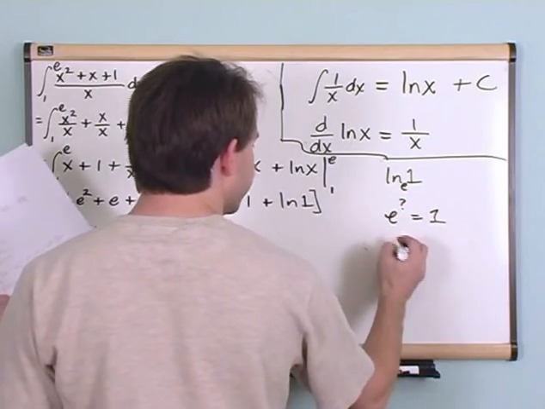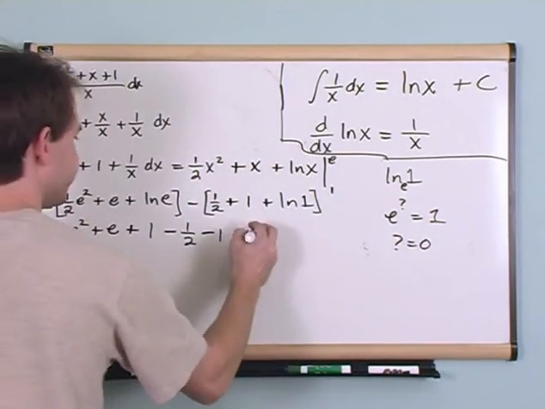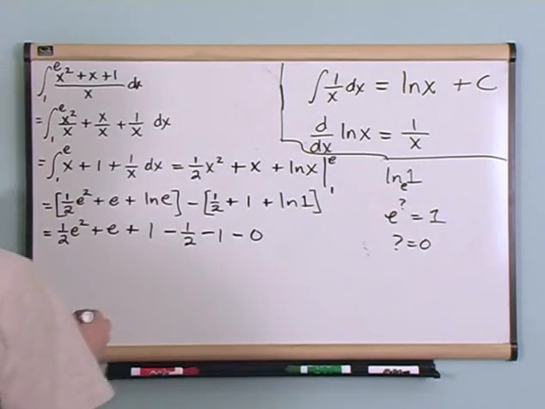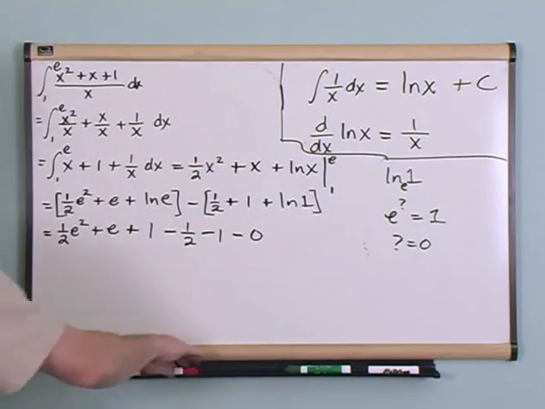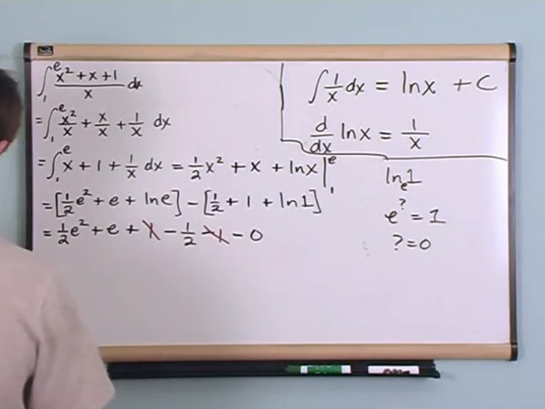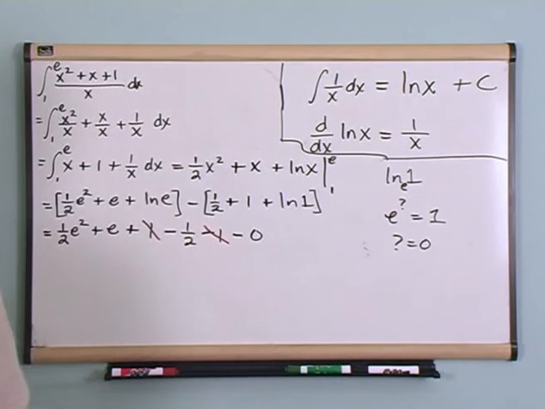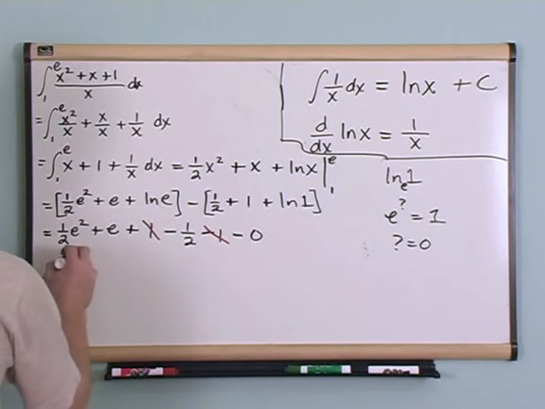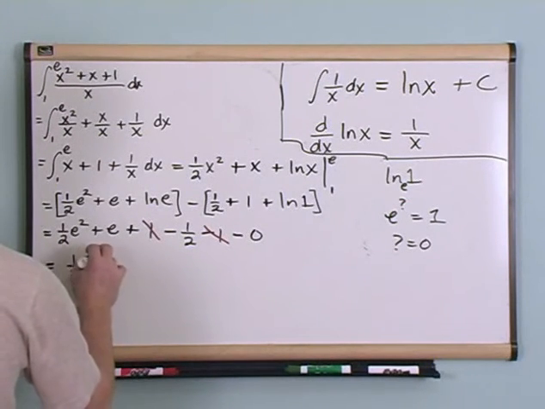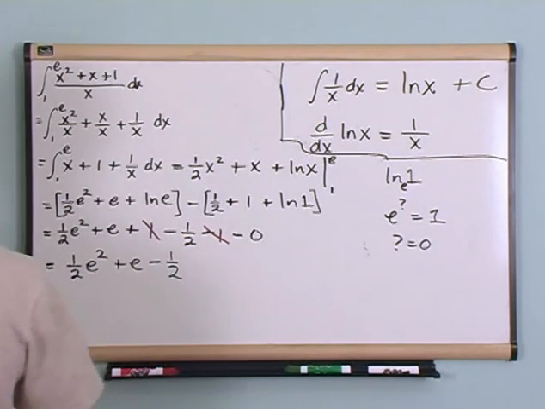And anything to the 0 power will give me 1, so this must be 0. Okay? You see? So now things are becoming a little bit simpler. This 1 is going to cancel with this negative 1. And then I've got a 0 hanging out here. So at the end of the day, I'm going to have 1/2 e squared plus e minus 1/2.